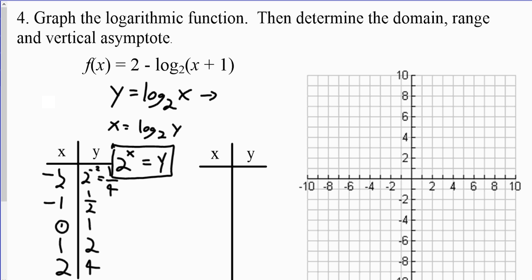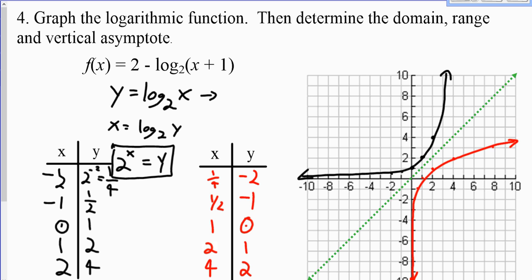So if I do my inverses, I know that my domain is going to become my range. So this is going to be negative 2, negative 1, 0, 1, 2, and this is 1/4, 1/2, 1, 2, and 4. Okay, so I can go ahead and graph those, and I'm going to take a second to do that.